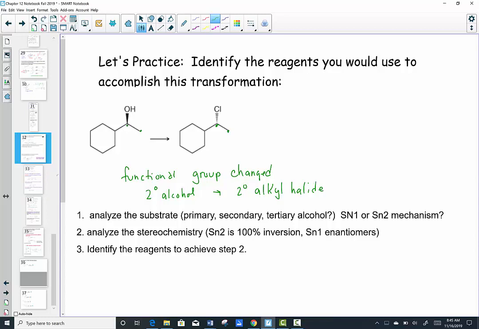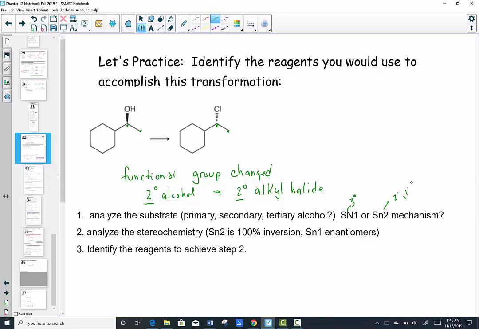So we've analyzed the substrate, primary, secondary, or tertiary. We located it and identified it as a secondary alkyl halide. Does that tell you SN1 or SN2? To be an SN1 mechanism, we needed it to be a tertiary alkyl halide, where the carbocation is stabilized. SN2 would be the preferred choice because it is a secondary alkyl halide.